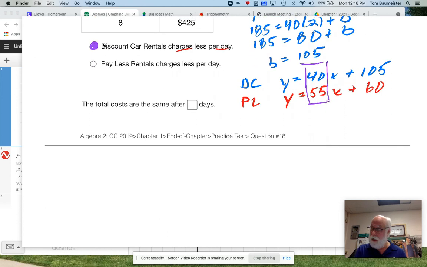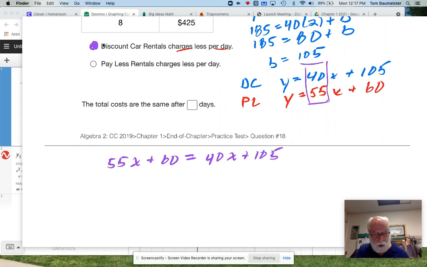And then it says, and so on this one here, I forgot to do it. So we're going to figure this out. It says the total costs are the same after how many days? So again, when they are the same, that means when they are equal. So we are going to say that 55x plus 60 is equal to 40x plus 105. Okay, so now I have to solve that for x.